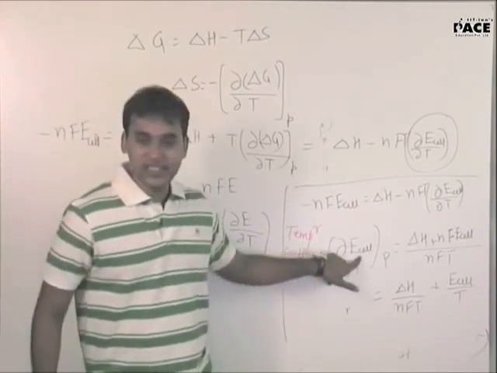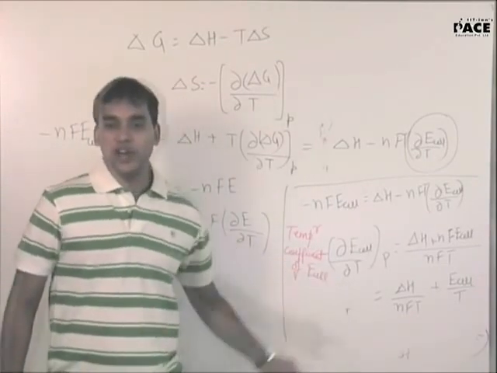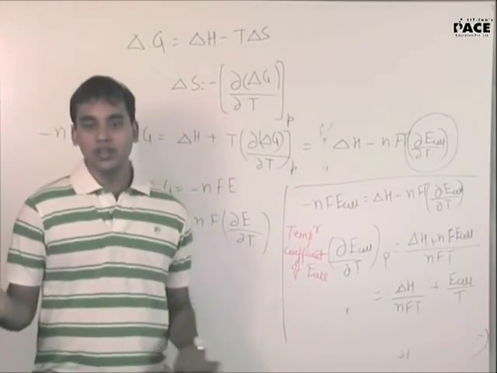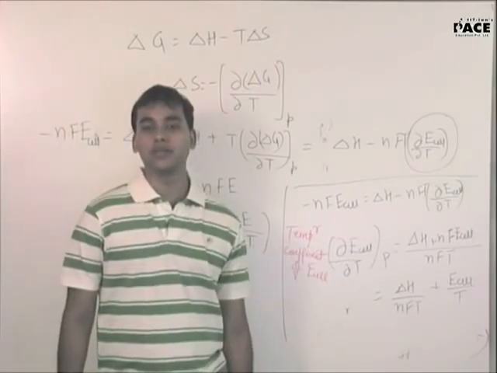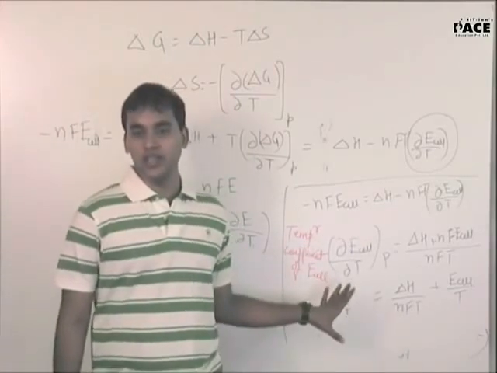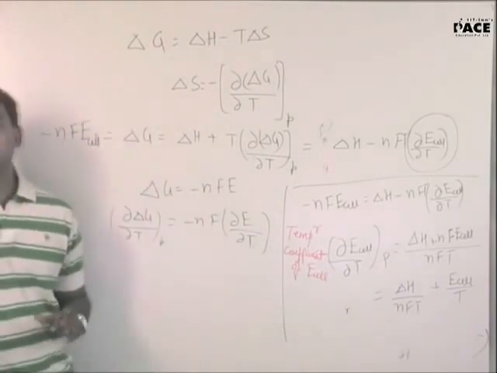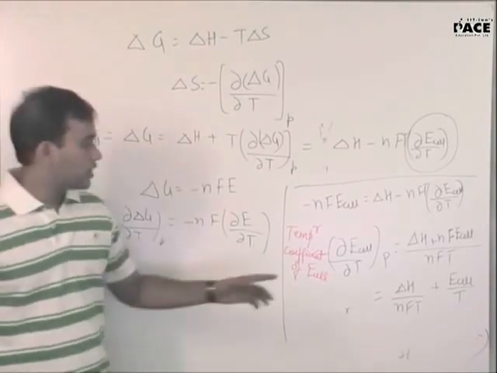How will the E cell change if I change the temperature? Effectively, if I plot E cell with temperature, this is nothing but the slope of it. Getting my point? I want to know if I raise the temperature, how E cell is going to change, what will be the rate of E cell change. So you can get this expression.